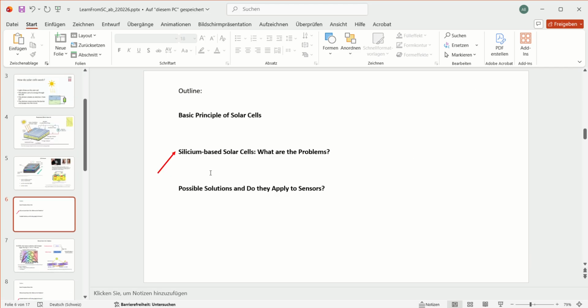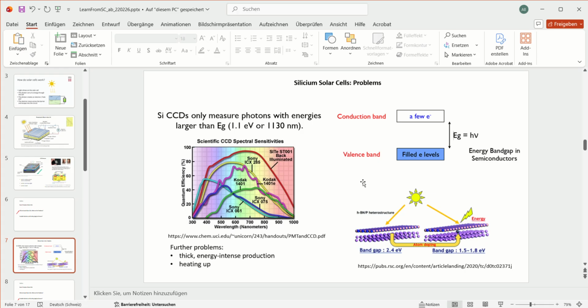What are the problems of silicium-based solar cells? There are basically two problems, and they're connected with this mechanism here. In the valence band, you have electrons that can be used, and as soon as photons enter, they enter the conduction band. But energetically speaking, they have to jump from the valence band to the conduction band, and it needs some minimal energy that depends on the materials that you use in the semiconductor.